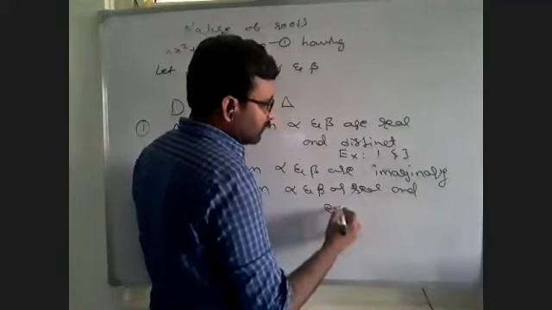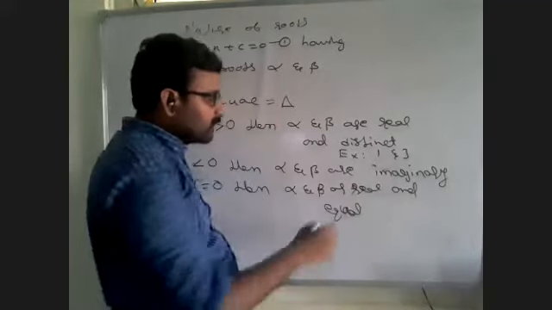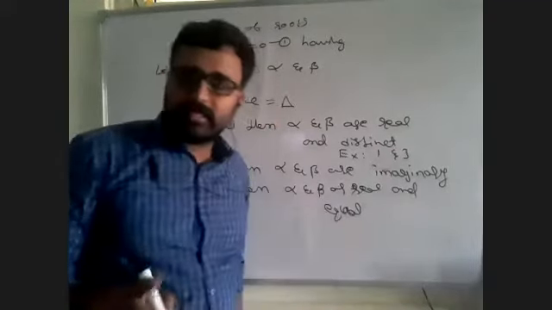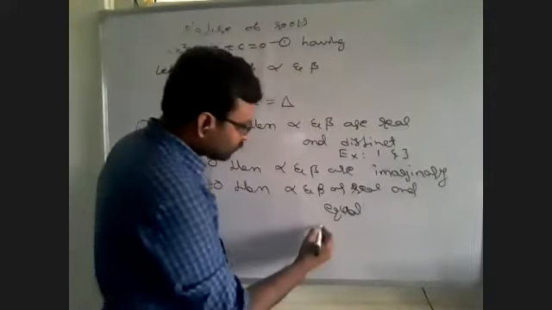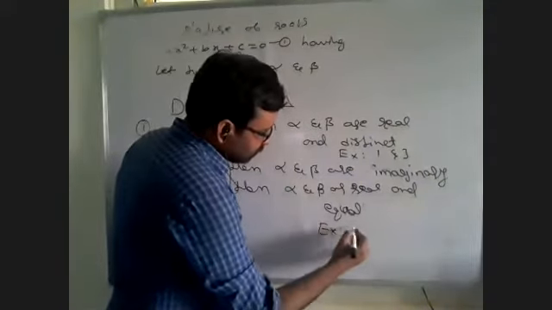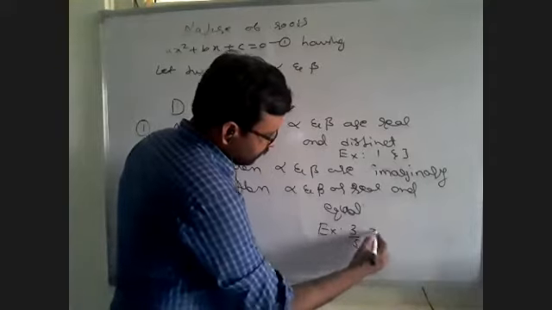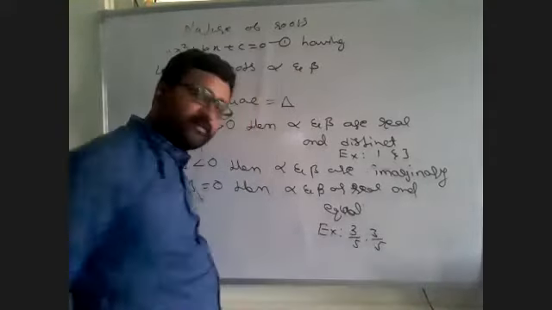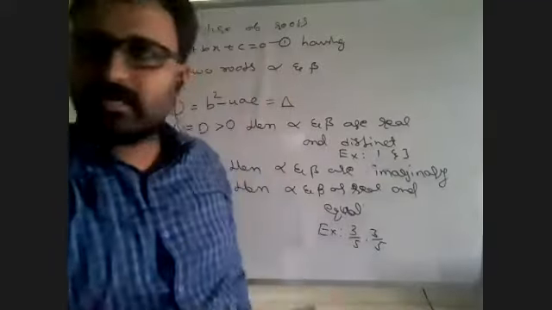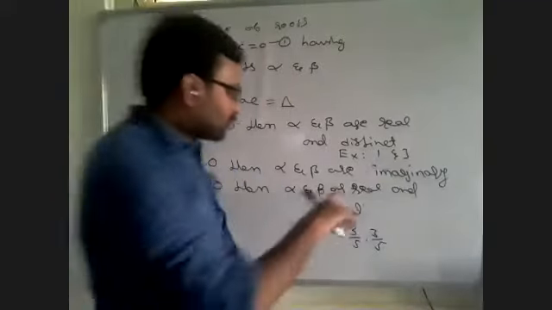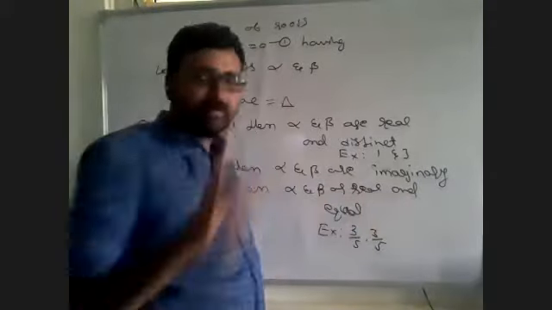Real and equal means 1, 1; 2, 2; 3, 3; 1 by 2, 1 by 2; 2 by 3, 2 by 3, like that. For example, 3 by 5 and 3 by 5: alpha is 3 by 5, beta is 3 by 5, which are real numbers. So real and equal.